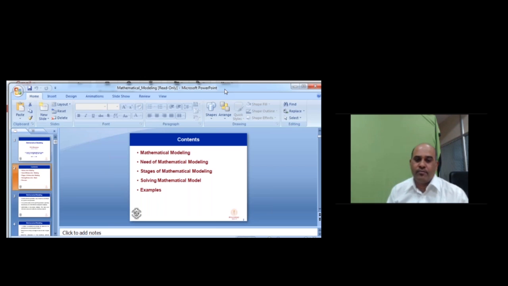I have taken a few examples to tell you exactly the equations used in mathematical modeling and how to solve these equations.